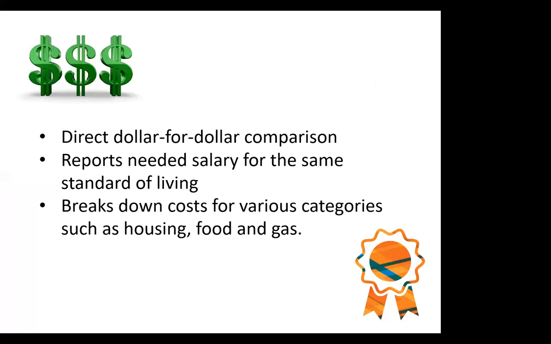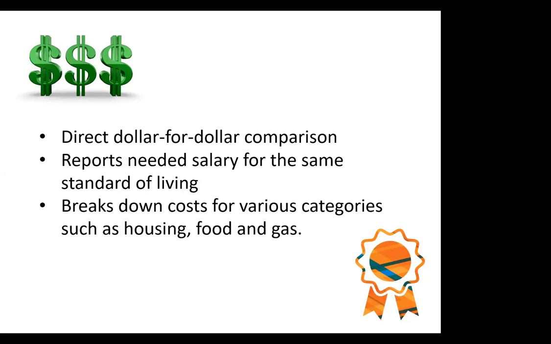All right, so the calculators that I'm going to show you in a second will do a dollar for dollar comparison. So they will let you know, for instance, if you are in Fort Wayne and you're given a $40,000 salary, but you want to go to California, for instance, and make a salary that matches what it would be if you were here in Indiana making a $40,000 a year salary.